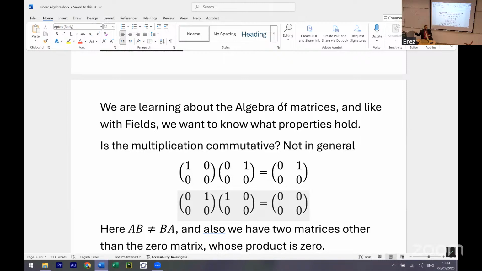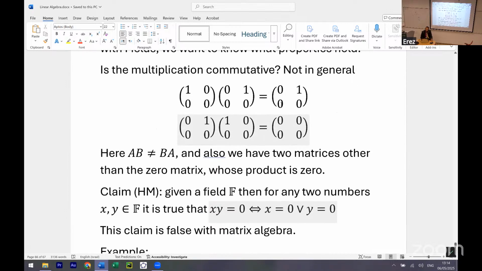And distribution requires two operations, so you can ask whether union and intersection distribute over each other. Maybe it won't be super important in discrete mathematics, but in algebra these are natural questions. So I go over them.